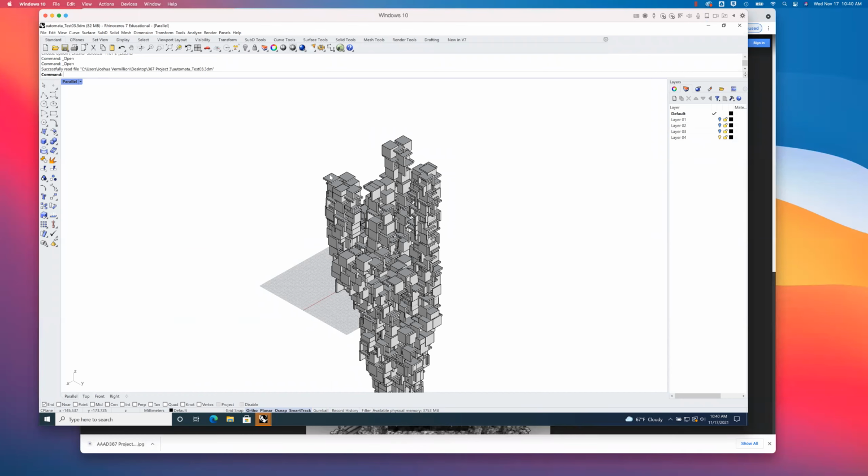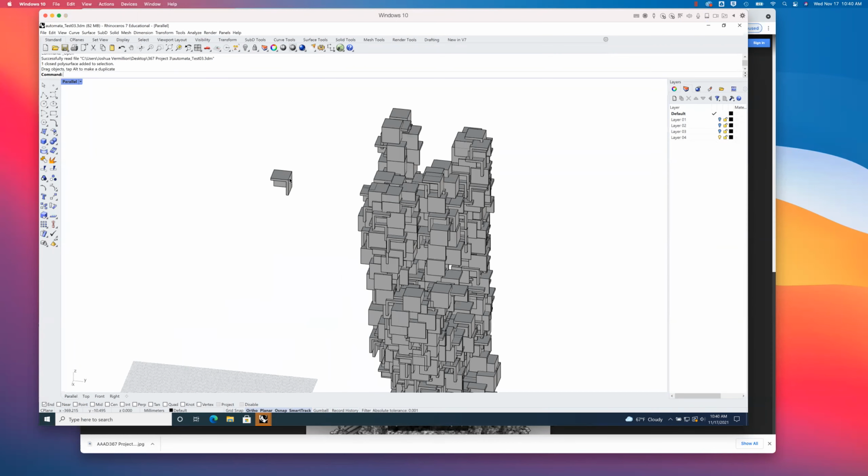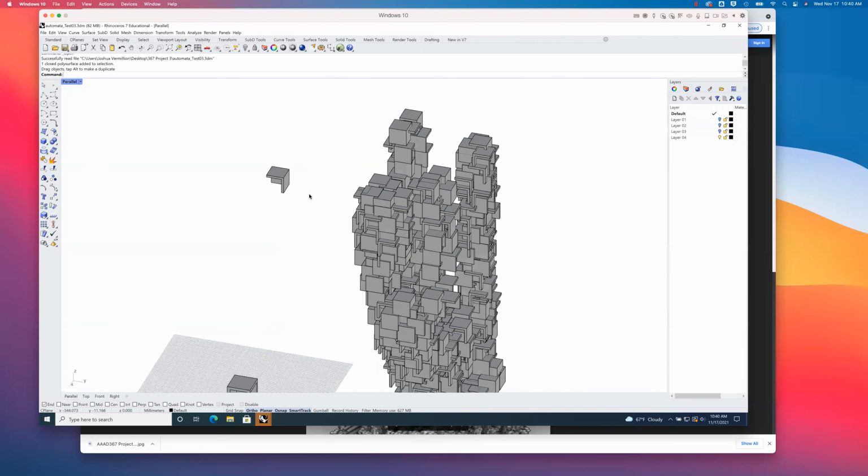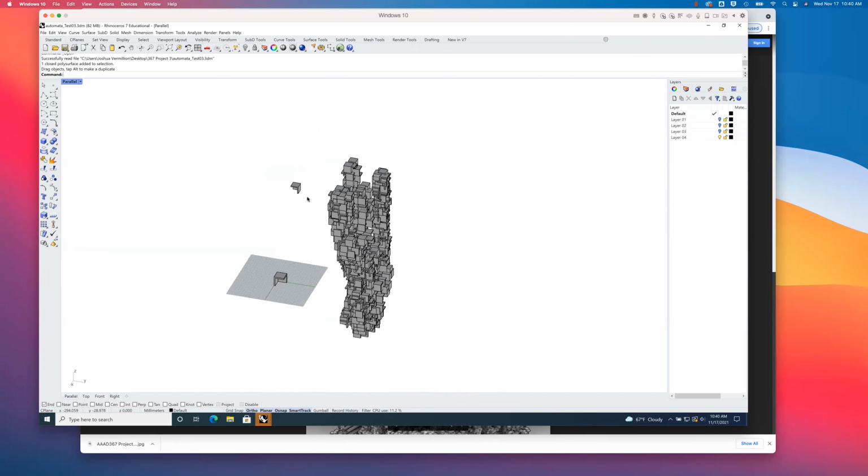Here I'm just using one very simple ingredient. It's like a cube, and then I offset the exact same cube as a copy, and I subtracted the offset cube away from the larger cube. So I end up with a shape that looks like this. Really simple ingredient.